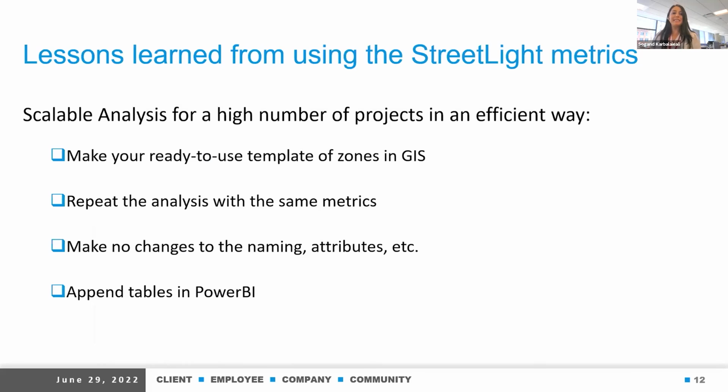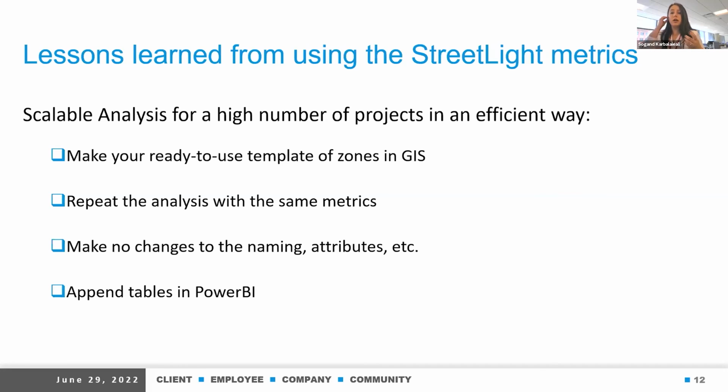Last but not least, the lesson that we learned from using the StreetLight metrics in this project: what is very important for us is that we are doing a scalable analysis for a high number of projects, and we want it to be efficient. It's important to make your ready-to-use template for zones in GIS. We use traffic analysis zones, or TAZs.